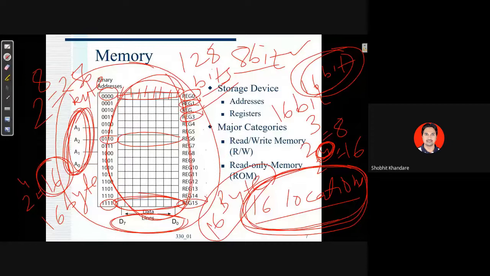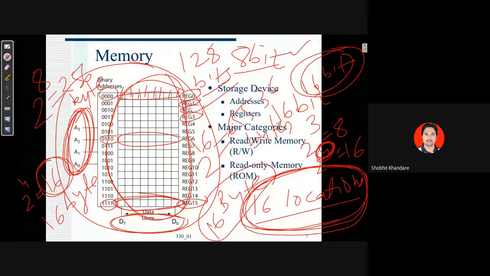Yes, that is 2 to the power of 16, equal to 65536 bytes of memory.